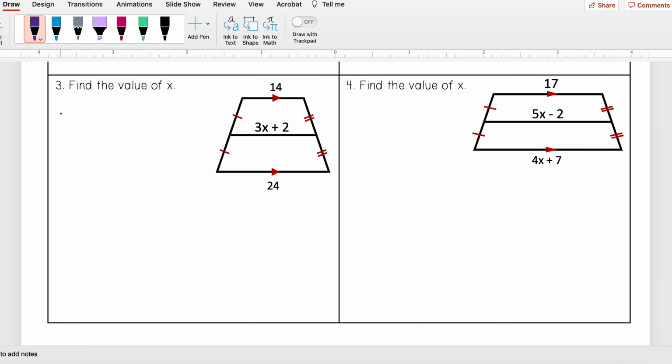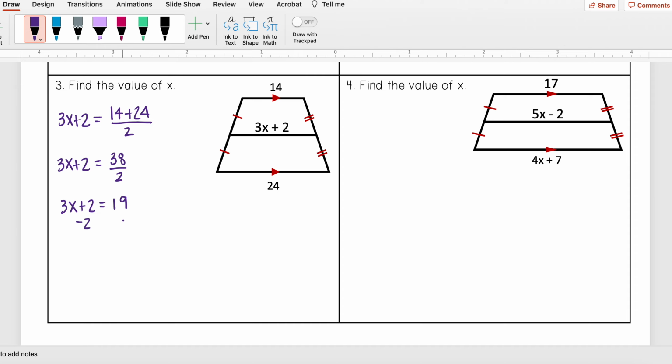So I have 3x plus 2 is equal to my base 1, 14, plus my base 2, 24, divided by 2. My right-hand side is all just numbers, so I can simplify that first. 14 plus 24, I get 38 divided by 2. And then 38 divided by 2, I get 19.